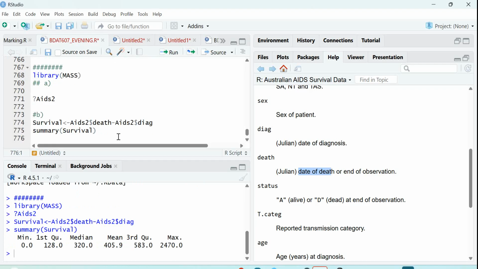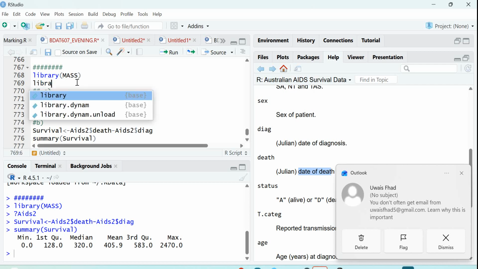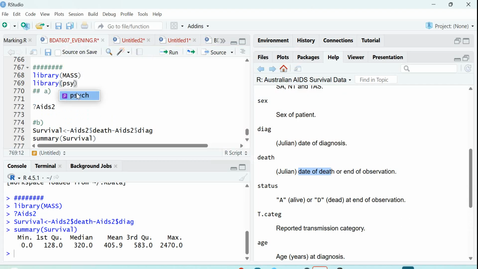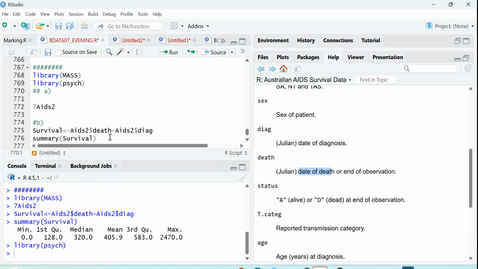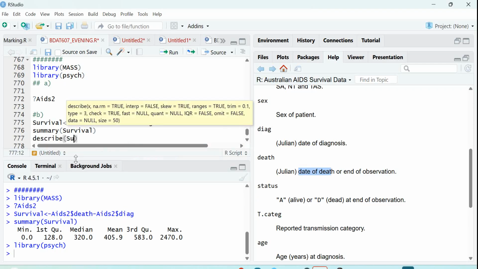Or you can also come here and use library psych. Then you can also use describe survivor.